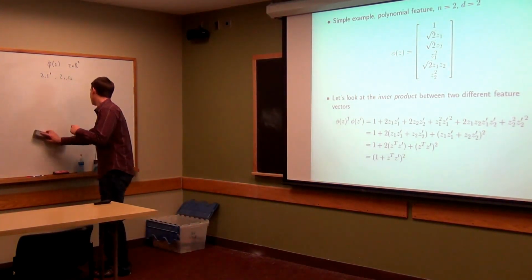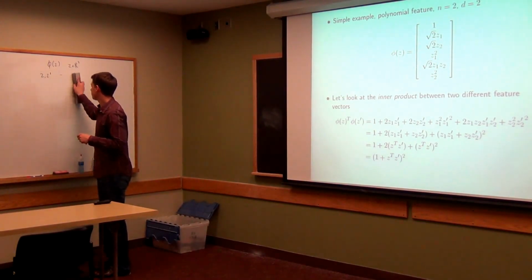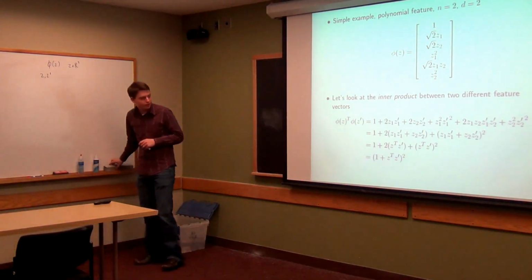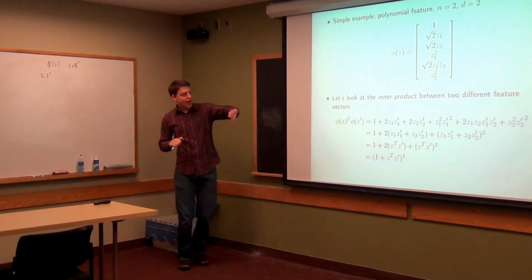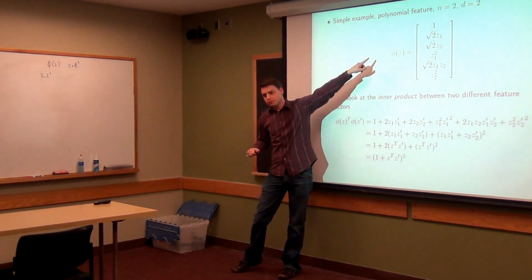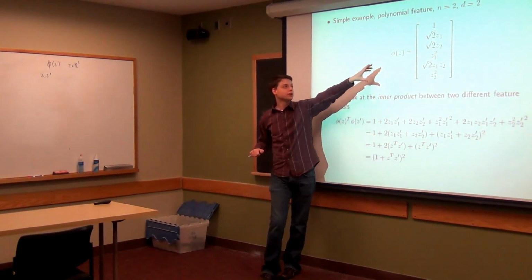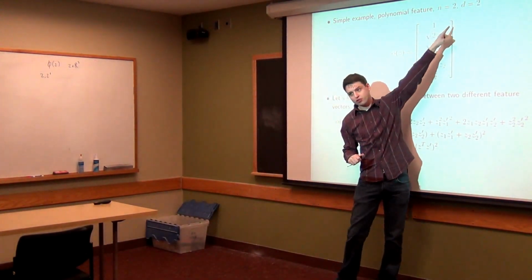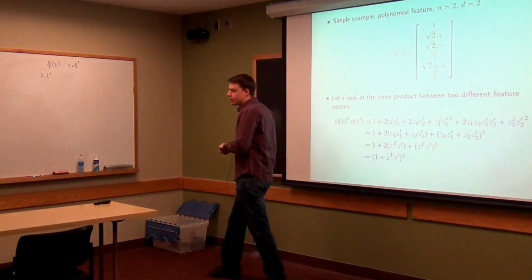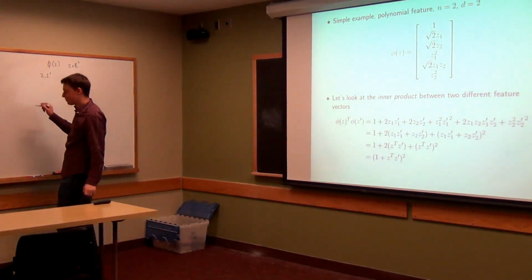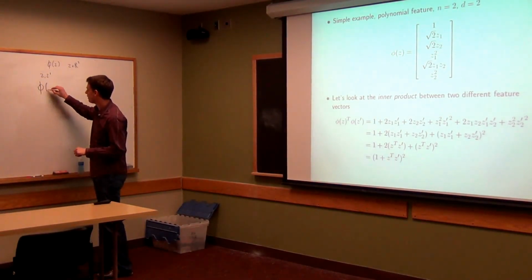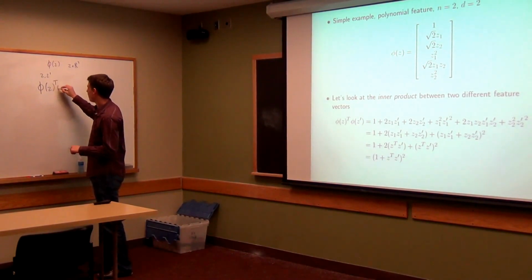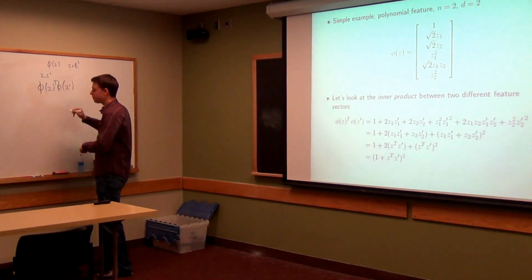So I have these two inputs, z and z prime. And I have this feature vector here that I've defined. This is a quadratic feature vector. So it's a polynomial with max degree 2. And let's just say, for reasons that will become clear shortly, that I want to compute the inner product of phi of z transpose phi of z prime.